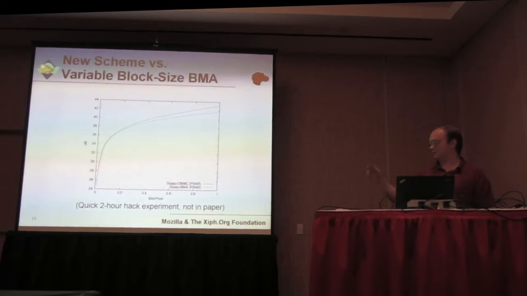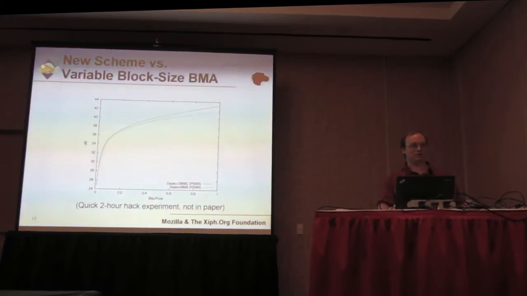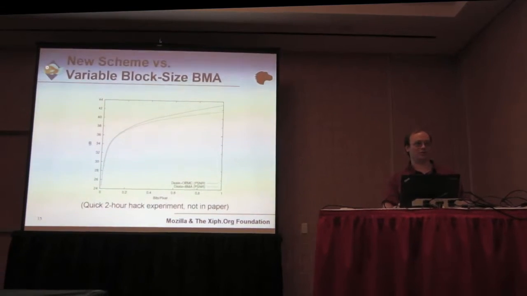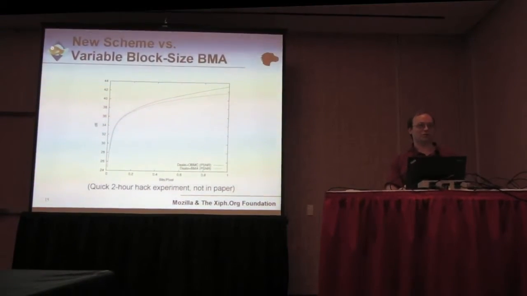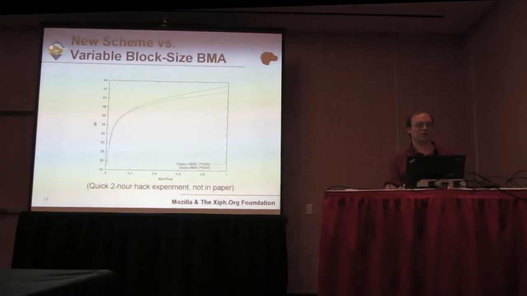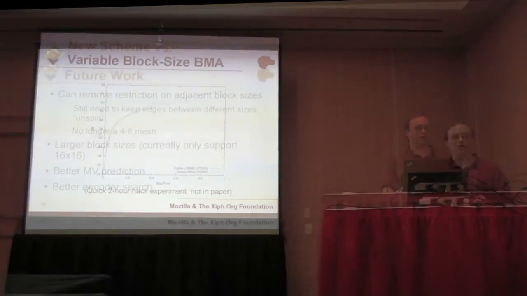The difference there is about 1 dB, which is what you normally expect for overlap block motion compensation versus fixed size non-overlap block motion compensation. So we still retain all the same gains that you get for when we start using variable size blocks.